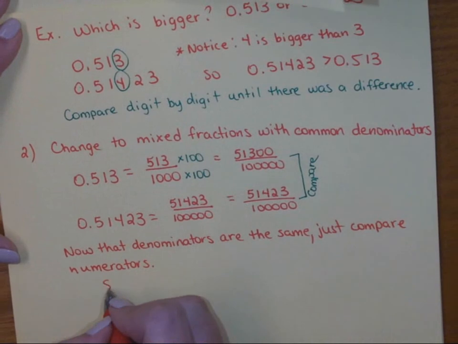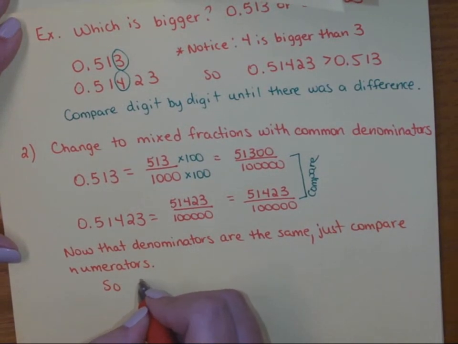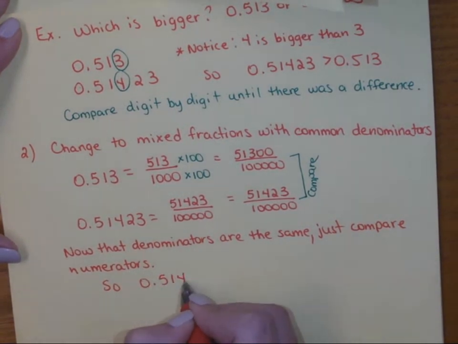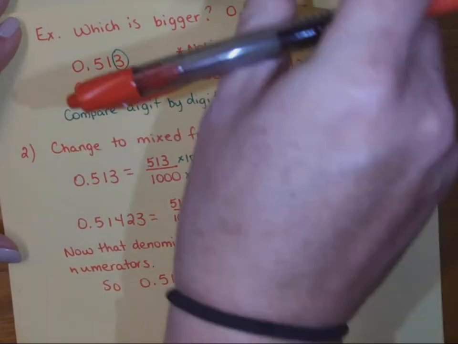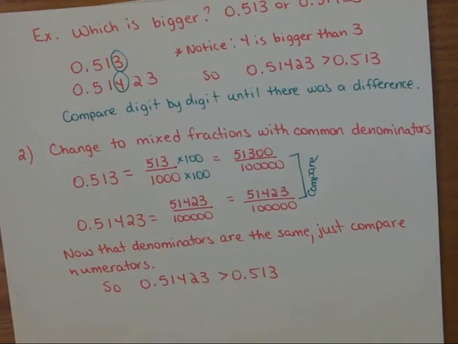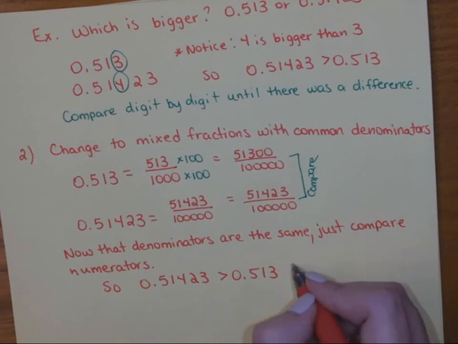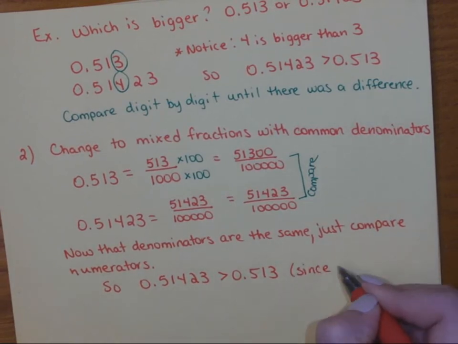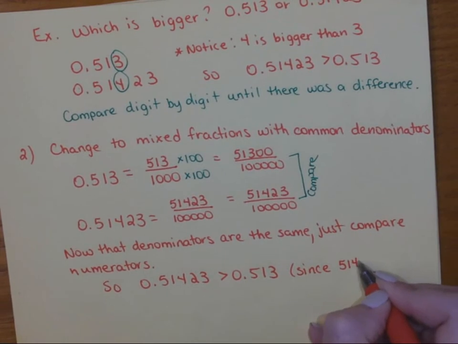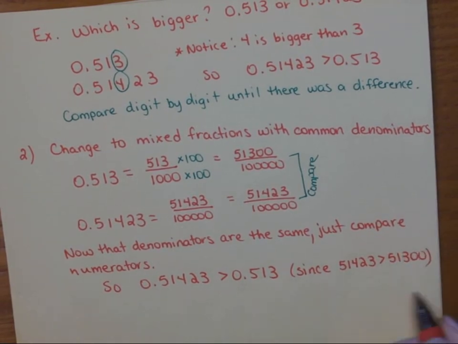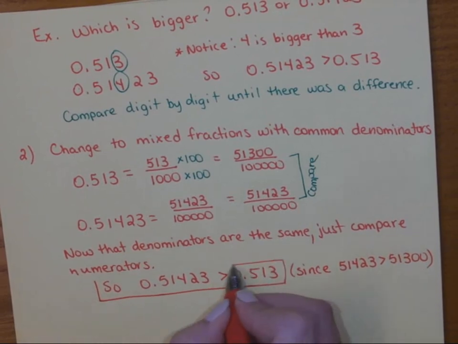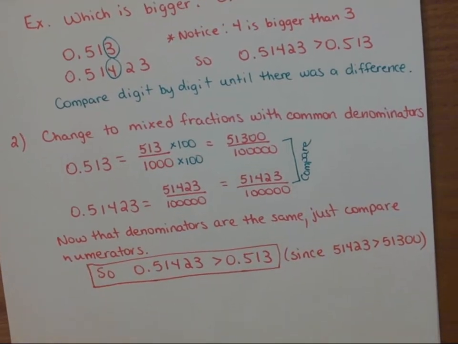Okay, so again, we aren't surprised to get the same answer, right? So 0.51423 is again bigger than 0.513. But the real reason we were able to say this is because 51,423 is definitely bigger than 51,300. Okay, so we were just comparing numerators alone.